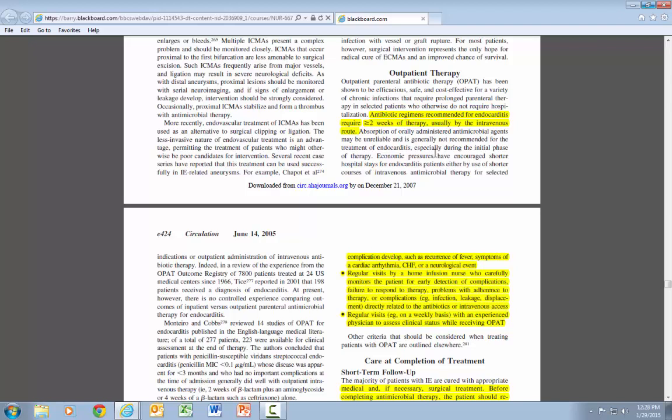It could be done outpatient due to economic pressures, that we need to reduce hospital stays.